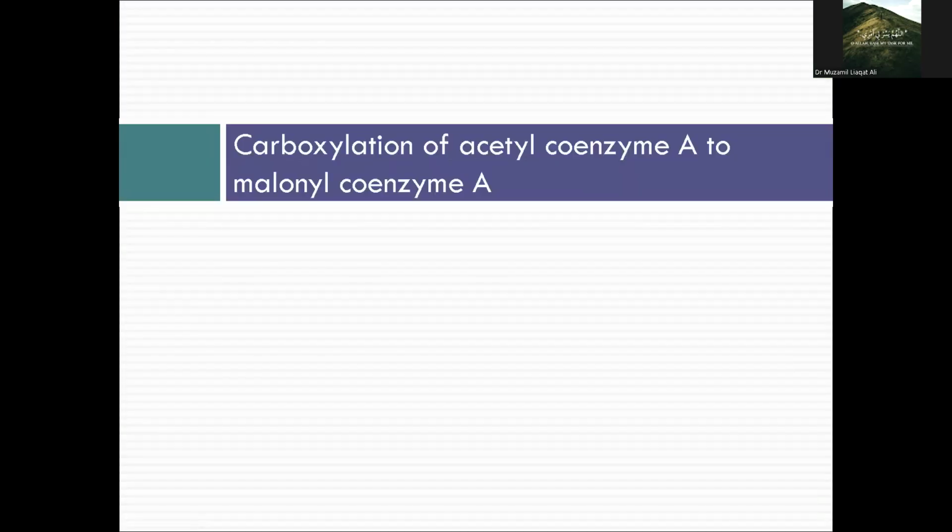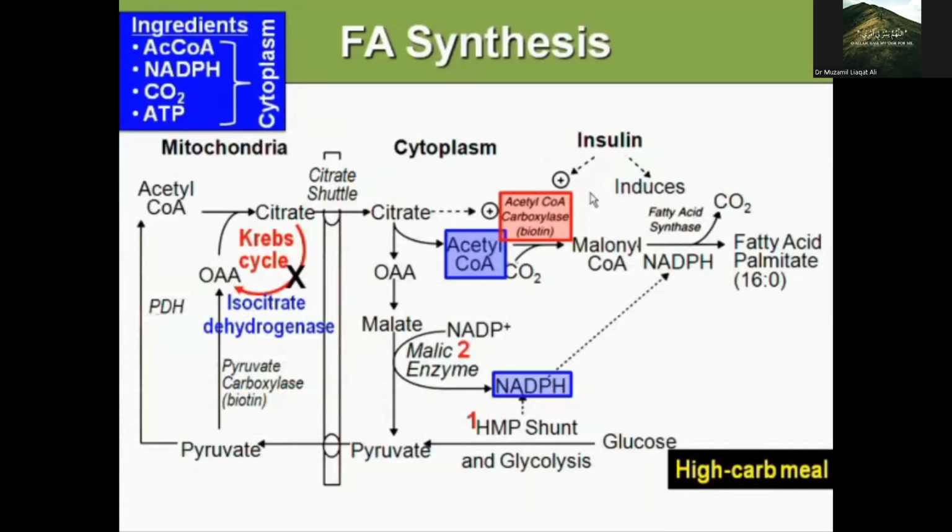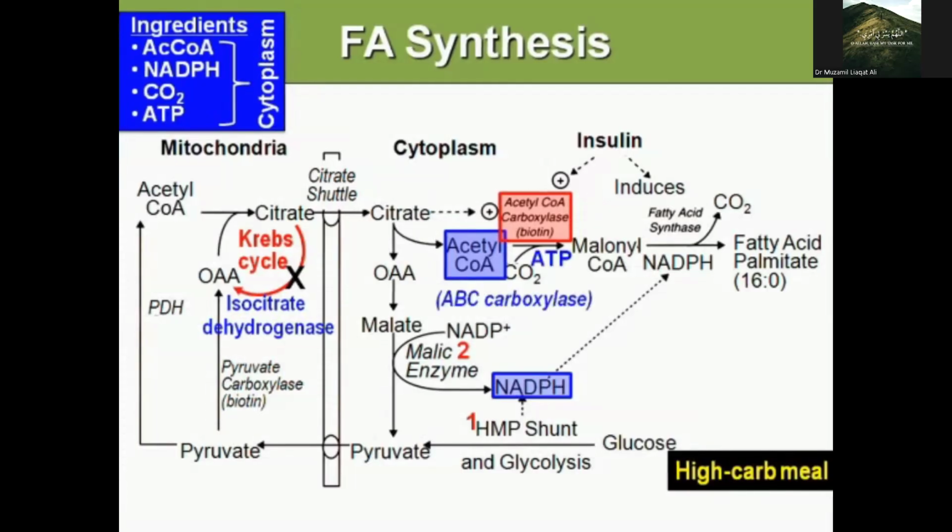So next is the carboxylation of acetyl CoA to malonyl CoA. This is the committed step of fatty acid synthesis. The enzyme is acetyl CoA carboxylase, ACC. It adds a carbon dioxide to acetyl CoA using biotin as a carrier to form malonyl CoA. It requires ATP and biotin, the vitamin B7.